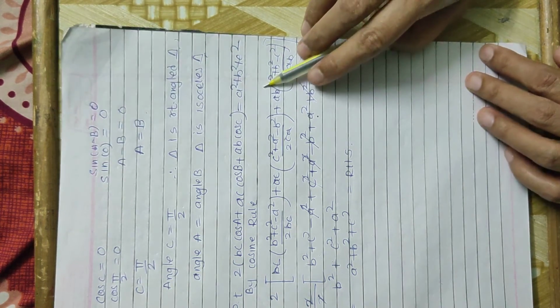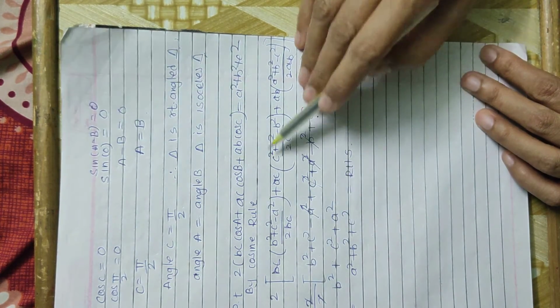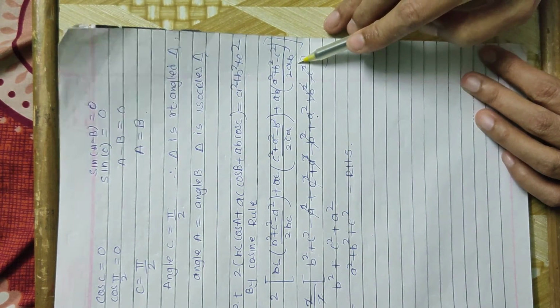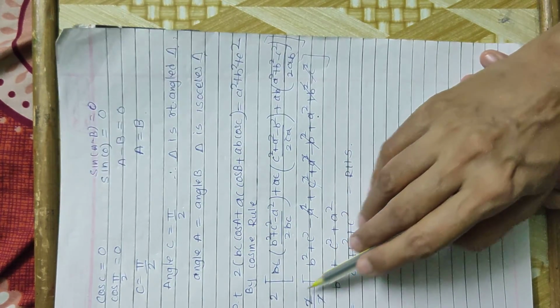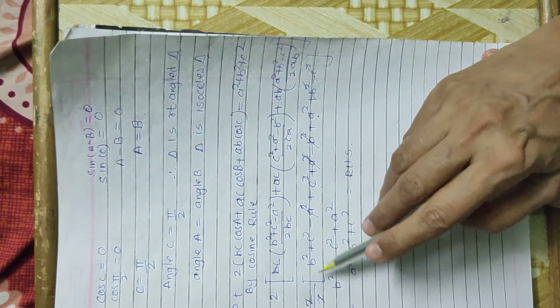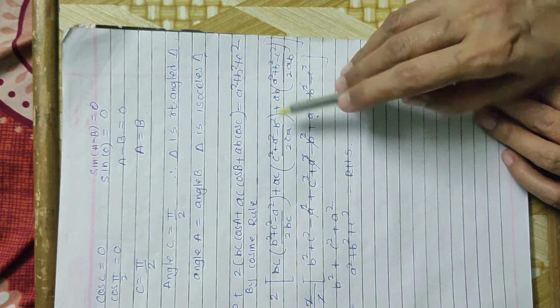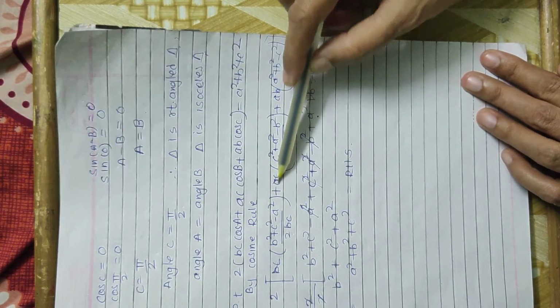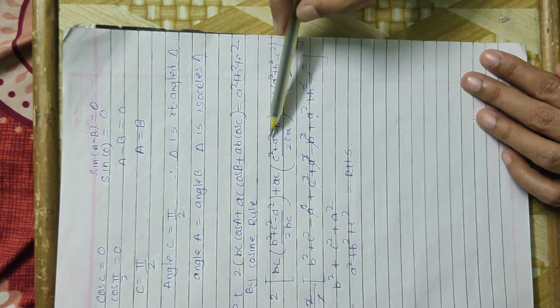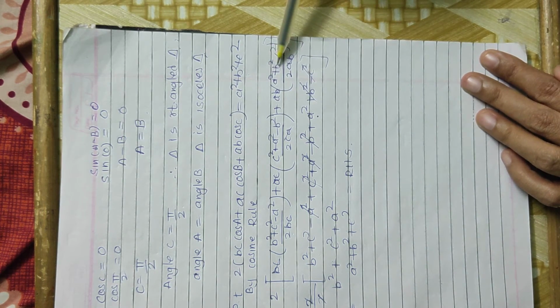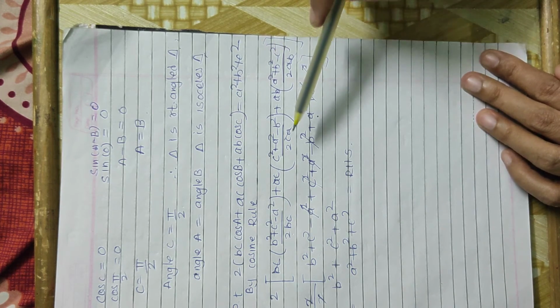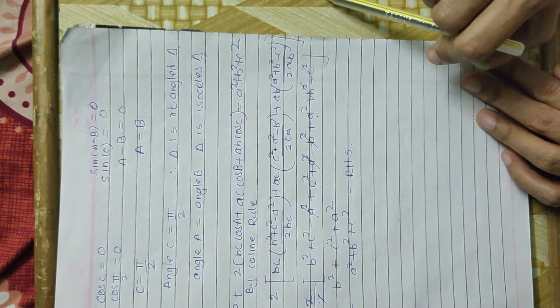Now from here, this BC gets cancelled, AC gets cancelled, AB gets cancelled. This 2 is there and this 2, take it common. So 2 upon 2 gets cancelled, and write down these terms: B square plus C square minus A square plus C square plus A square minus B square plus A square plus B square minus C square. Say which terms get cancelled.